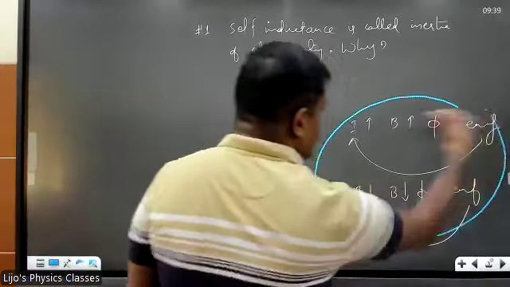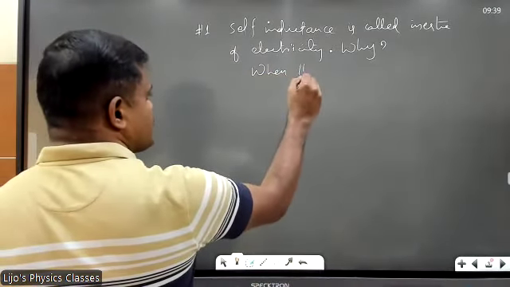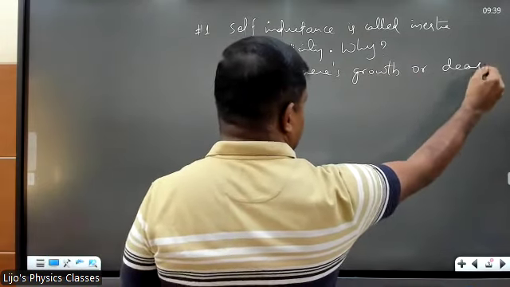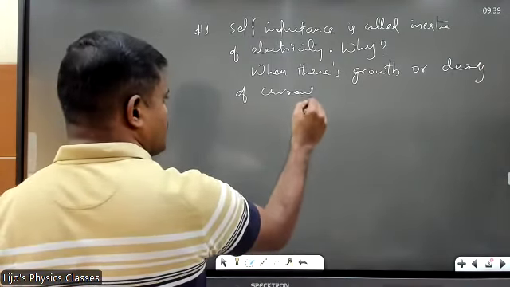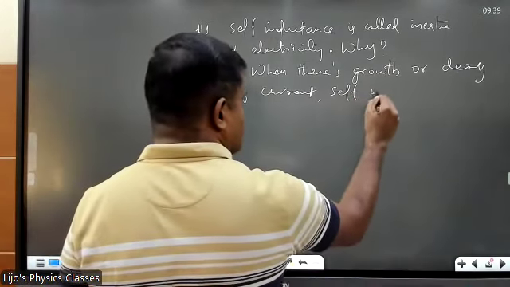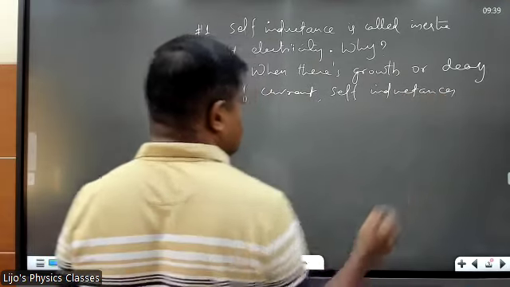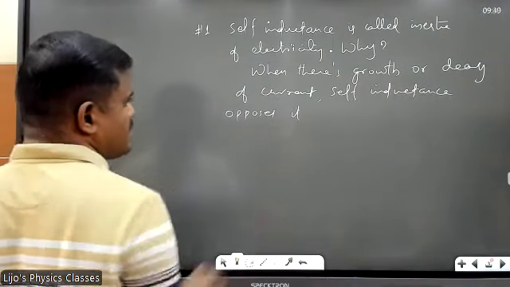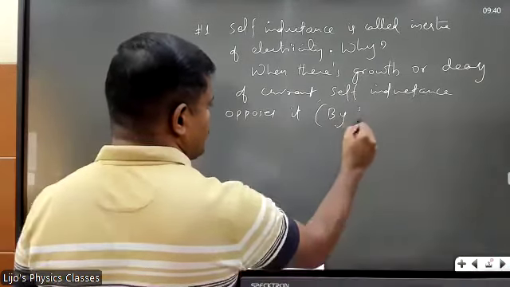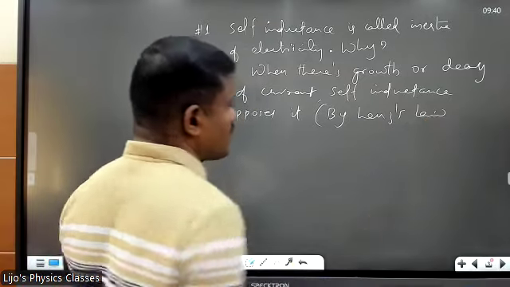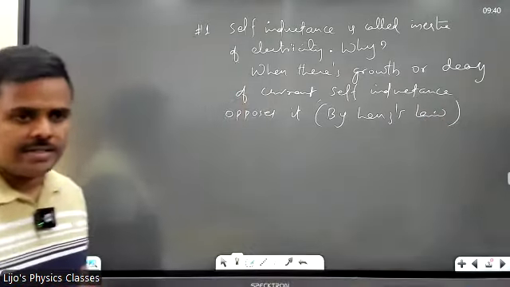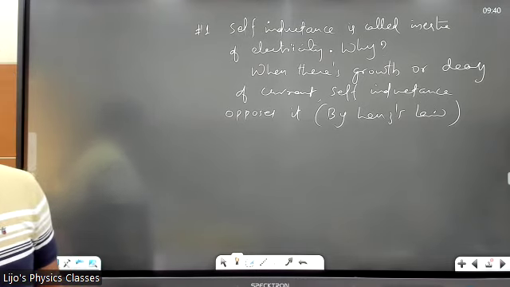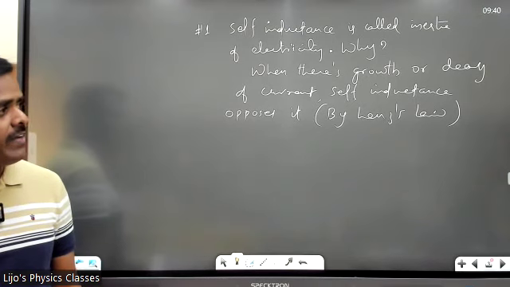So you can write: when there is growth or decay of current, self-inductance opposes it.